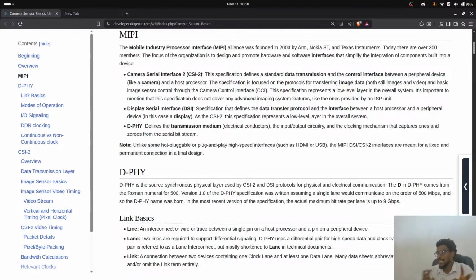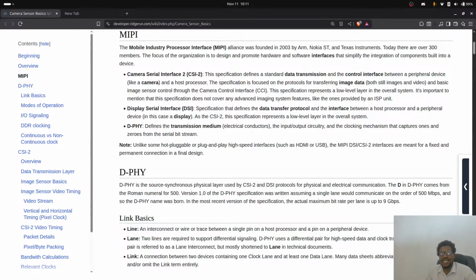In this respect, we're going to refer to it as a D-PHY, but there are also C-PHYs and such. It depends, okay? But there's a PHY, which is the physical connection. So this is the wires or the links or the traces on a board. This is the connection between the image sensor or the display and the actual controlling computer.